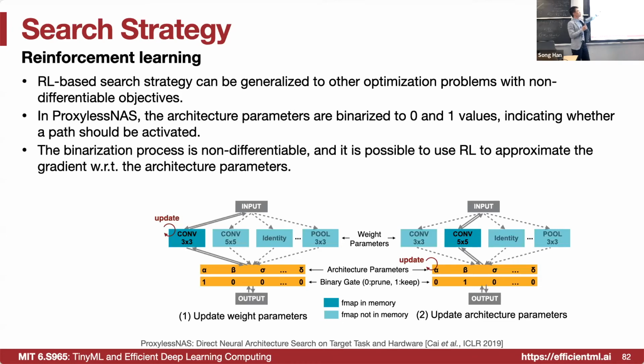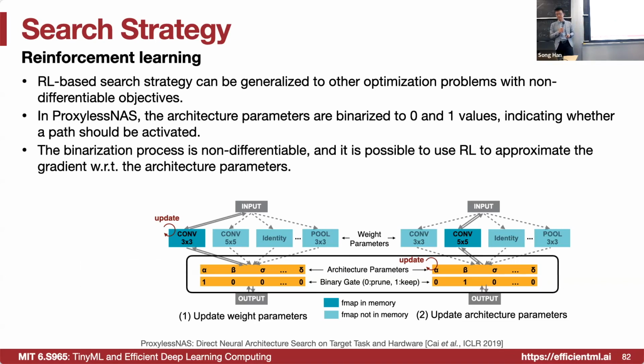So this binarization process is also non-differentiable, and it's possible to use REINFORCE to approximate the gradient with respect to the architectural parameters. So these are the architectural parameters we can use RL to learn.